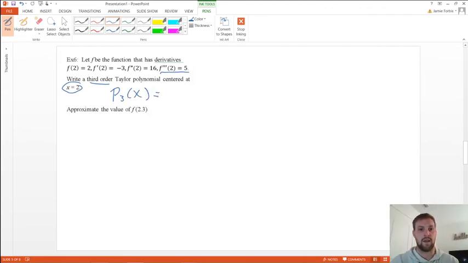I'm just gonna go ahead and write it out with everything solved in there. You can write out the whole thing if you want to, and then plug in the pieces. But remember, the first term is just f of a, or f of 2, which is 2, plus f prime of 2, which is -3 times x minus your a value to the first over 1 factorial, which is just 1.